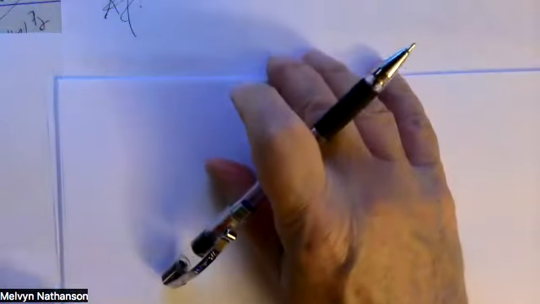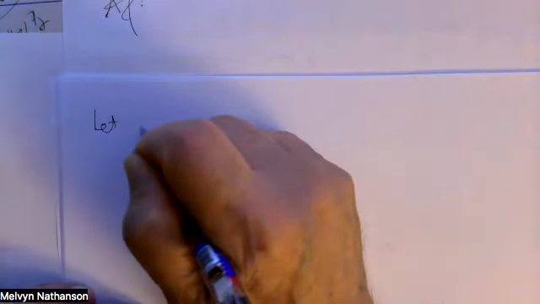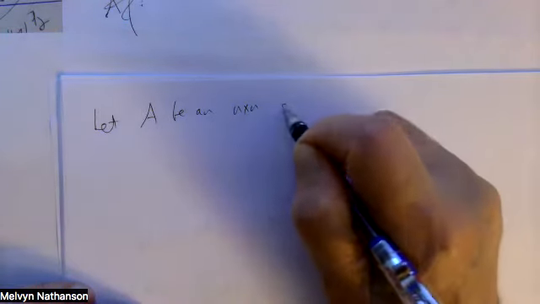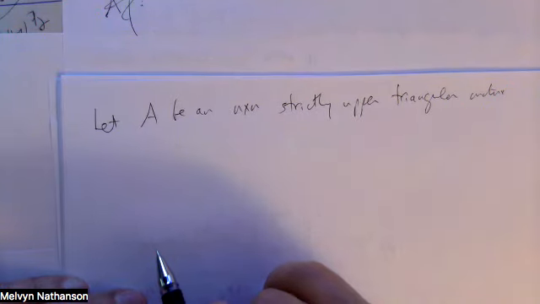There was a previous homework problem that looked at what are called strictly upper triangular matrices. So let A be an n by n strictly upper triangular matrix. So this is a matrix where all the numbers on and below the main diagonal are 0.